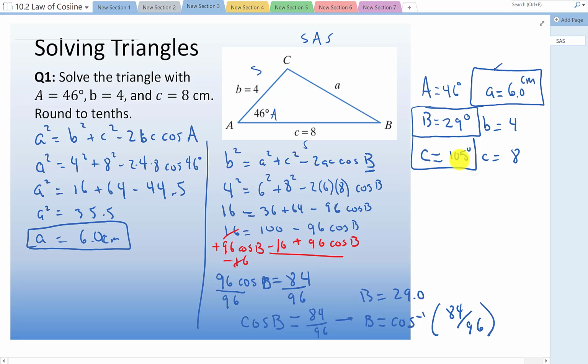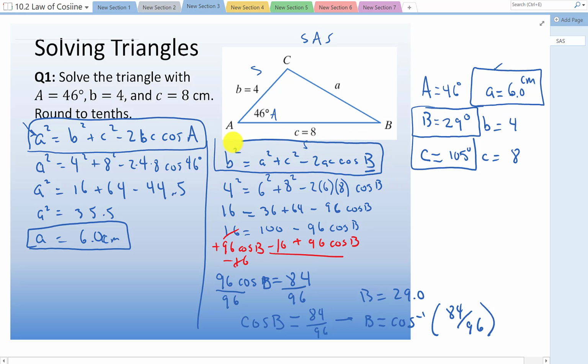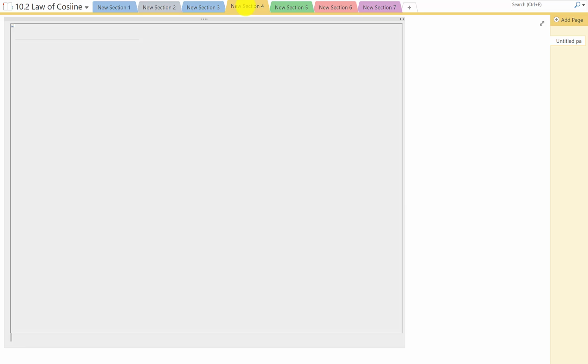And this is using the law of cosine. I used it twice. I used it once to find my side A, and I used it a second time to solve my unknown angle B. It's just a lot of work in the calculator, basically, once you start plugging stuff in.